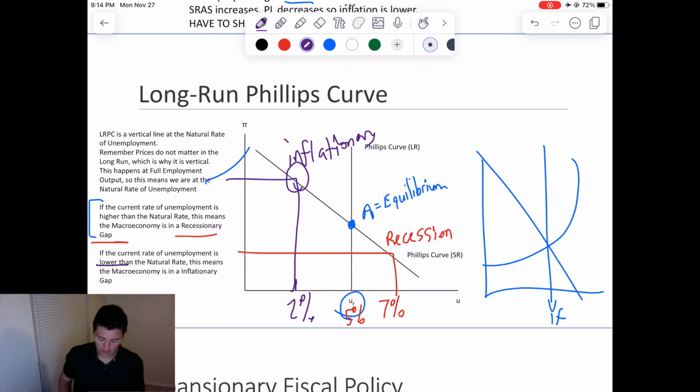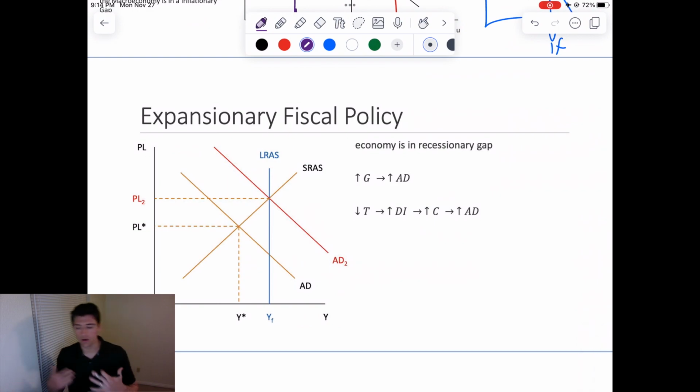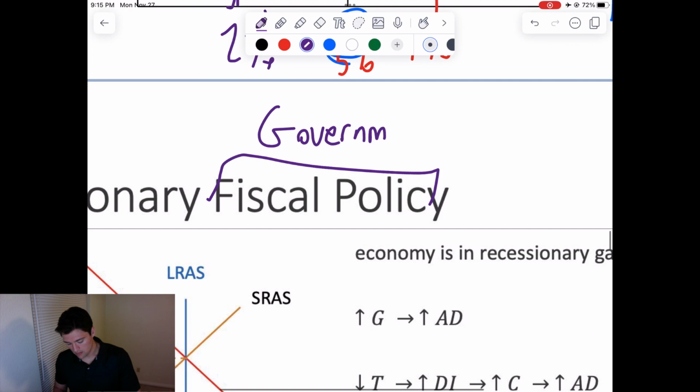Okay. Now, depending on where your economy is, recession or inflationary, that's going to dictate your fiscal policy. Remember, fiscal policy, right, is any changes to government spending and taxes.